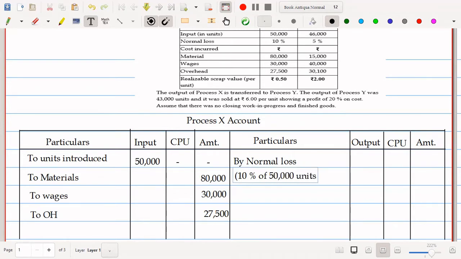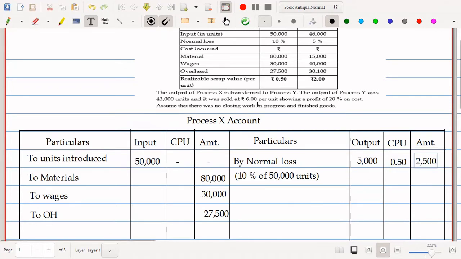What will be the answer here? 10% of 50,000 comes to 5,000. And what is the scrap value given? Rupees 50. So when we multiply this, it comes to 2,500 rupees.